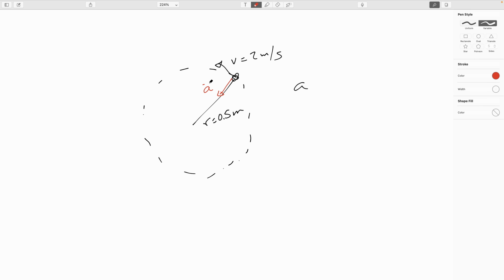So the acceleration is pointing to the center of the circle. And the magnitude of the acceleration here will be the centripetal acceleration because we said we're going at constant speed. So it's v squared over r. So this will be 2 meters per second squared over half a meter. We're going to get 8 meters per second squared.